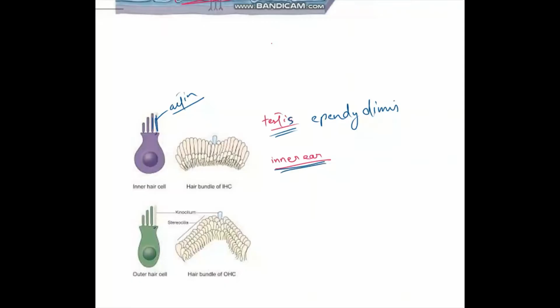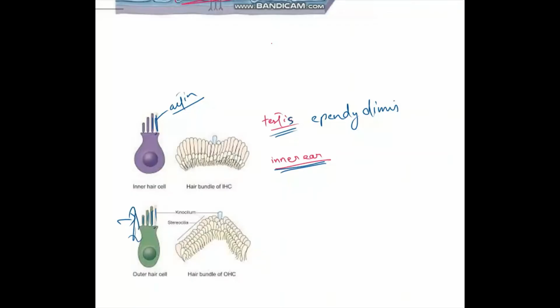And in the inner ear, where the inner ear contains sensory hair cells, and these sensory cells contain stereocilia on their apical surfaces, which react to vibrations. So, for example, right here, these would react to vibrations and change the flow of ions through the cell surface membrane of this hair cell.